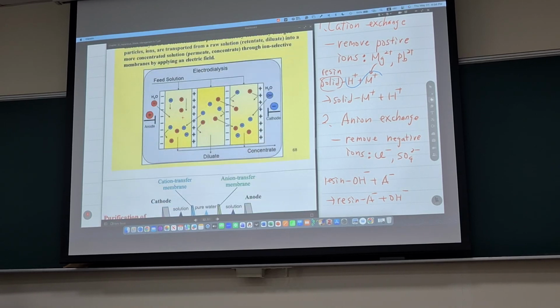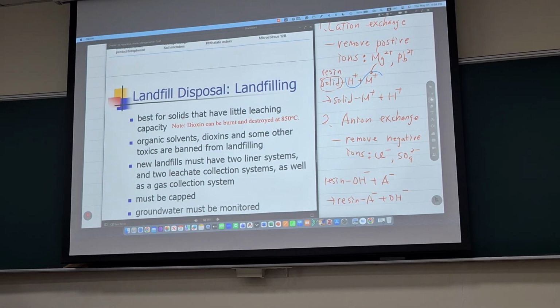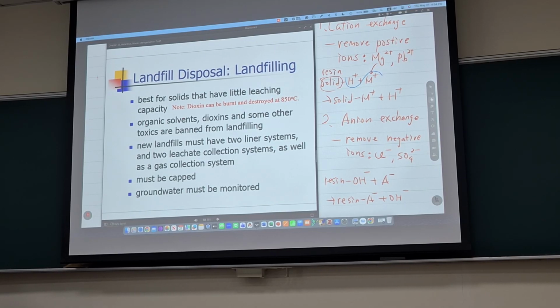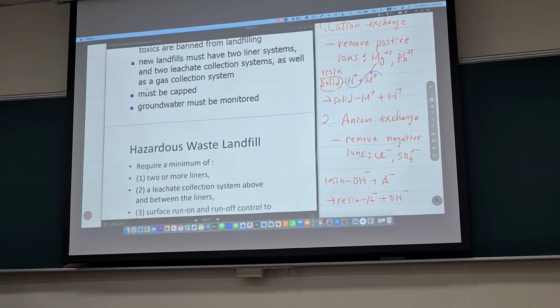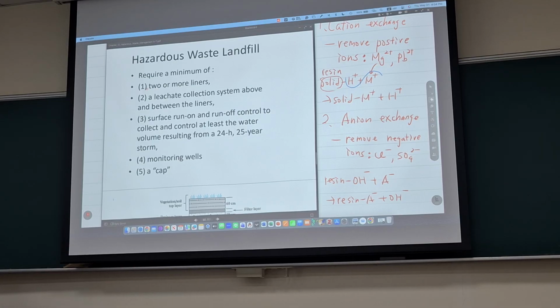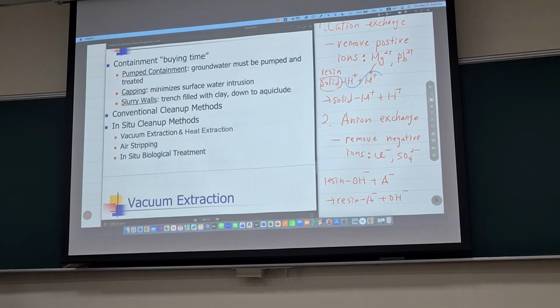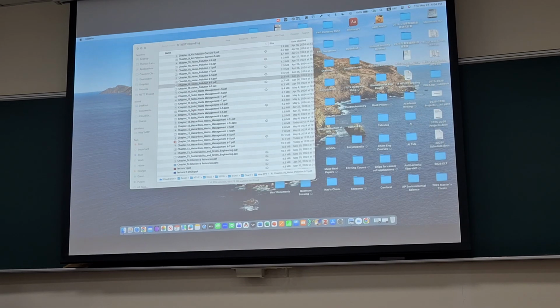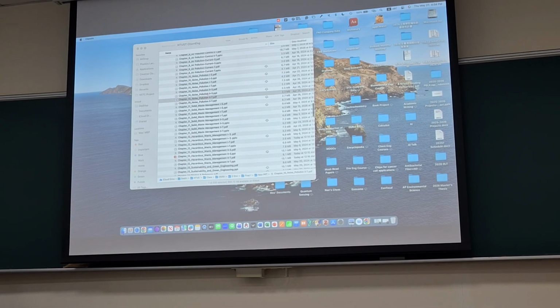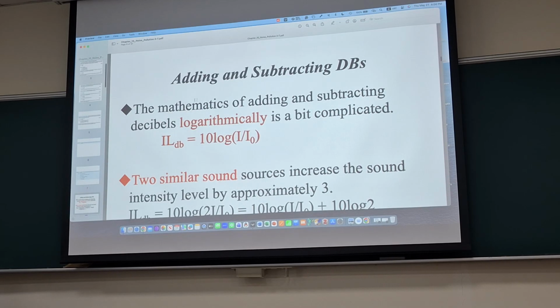Okay, next week I will still continue to talk about landfills, the landfill for hazardous waste. It will be a little bit different from municipal waste, the solid waste. So I gotta finish this up. And please don't forget to download chapter 10, noise pollution 2.